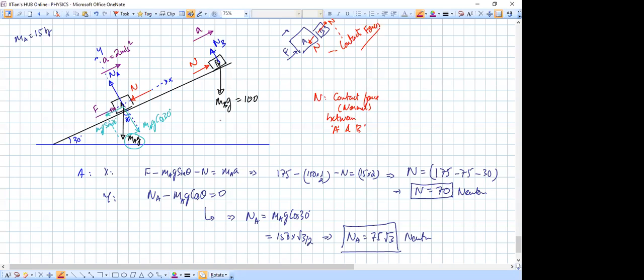Okay, so same treatment for this. This as your x-axis, this as your y-axis. This angle is 30. So resolve mg. So you have mg cos theta, mg sin theta.